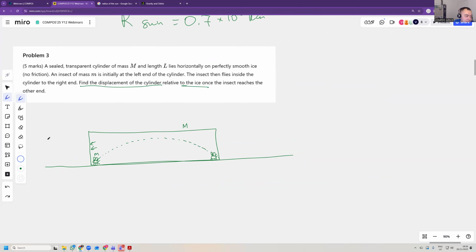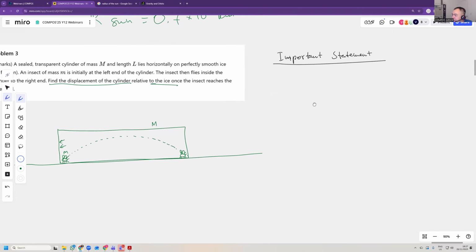But there's a very important statement that I want to make. I don't want to prove it, at least today. Important statement, let's put it that way. There is air in the cylinder, because otherwise the fly wouldn't be able to fly.